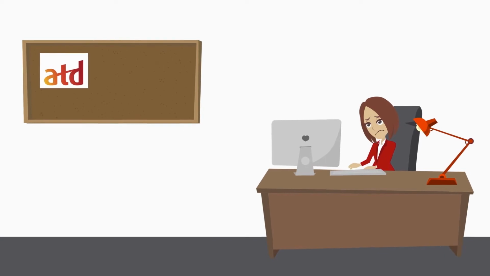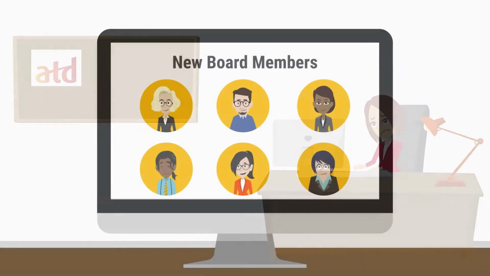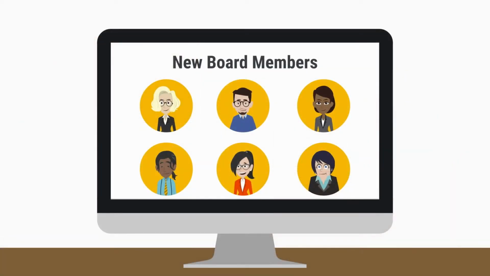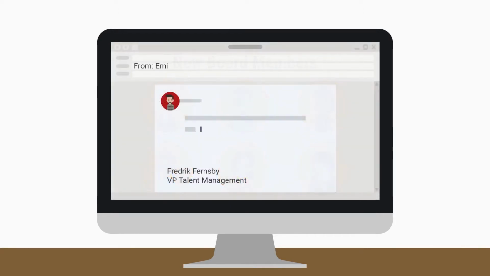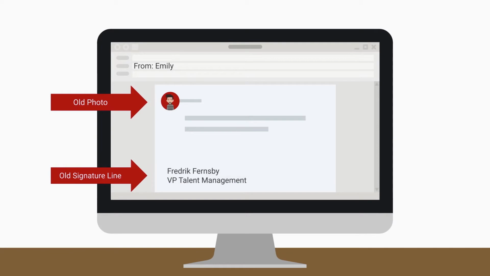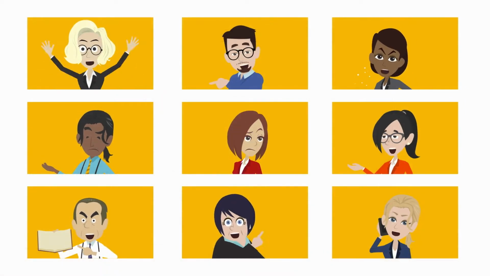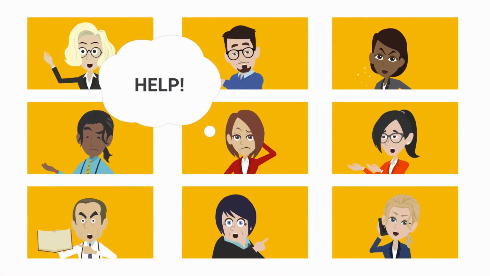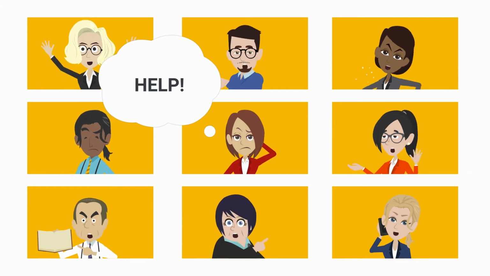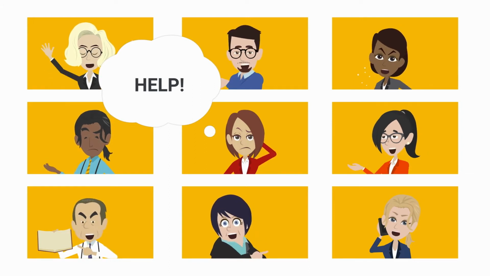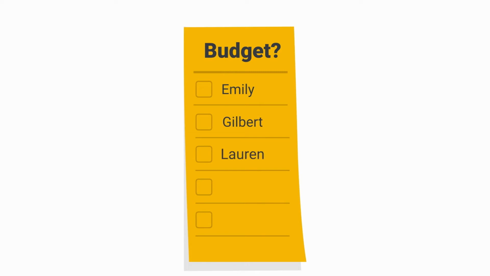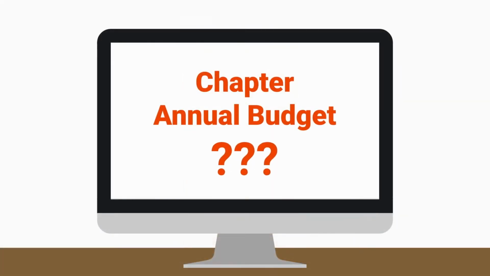Karen is president of her local ATD chapter. There are several new board members this year, and things aren't going well. Although they've officially been on the board for 3 months, some of them still haven't updated their photos and email signature lines. Board meetings are a challenge, to say the least. It seems like no one can focus on strategic initiatives because the new board members aren't up to speed. Several people haven't submitted budgets yet for their area of responsibility, so the board can't vote to finalize the chapter's annual budget.